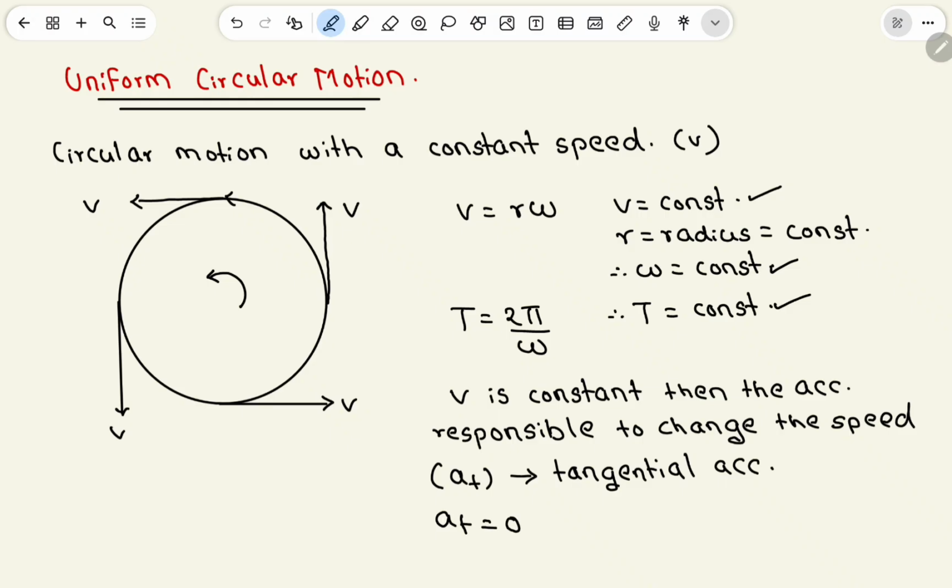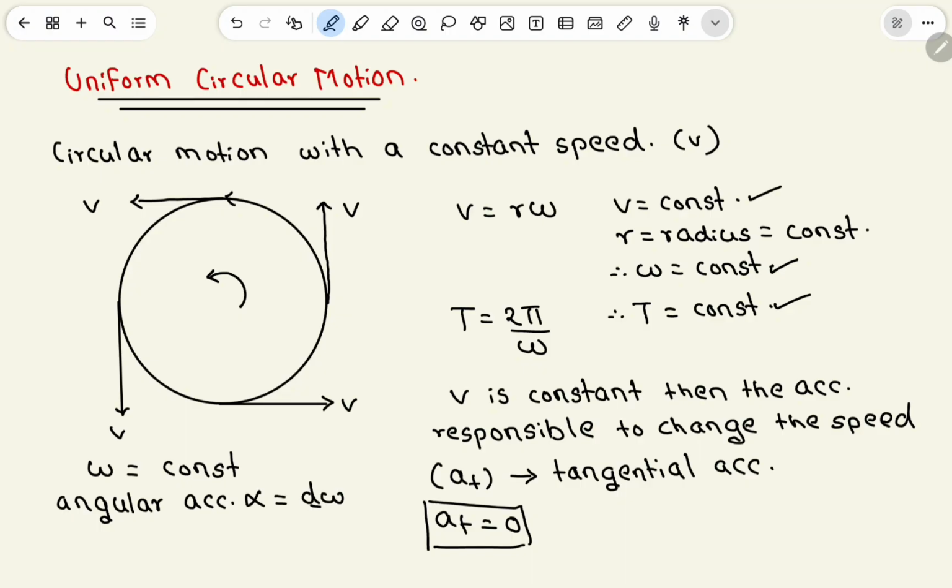So in uniform circular motion, a point to remember is that the tangential acceleration is 0. Now we also saw that omega is constant. Therefore angular acceleration alpha, which is equal to d omega by dt, is equal to 0. So whenever we have uniform circular motion, the tangential acceleration a_t is equal to 0 and the angular acceleration alpha is also equal to 0.